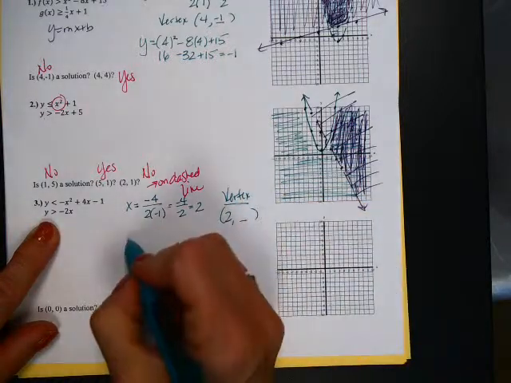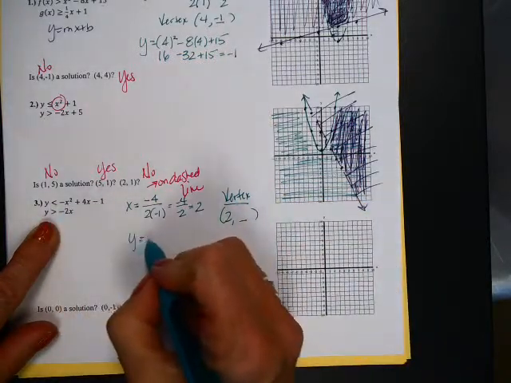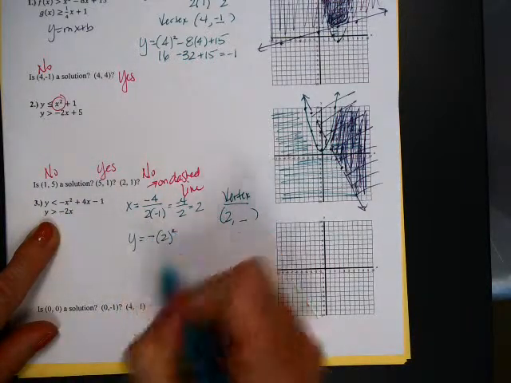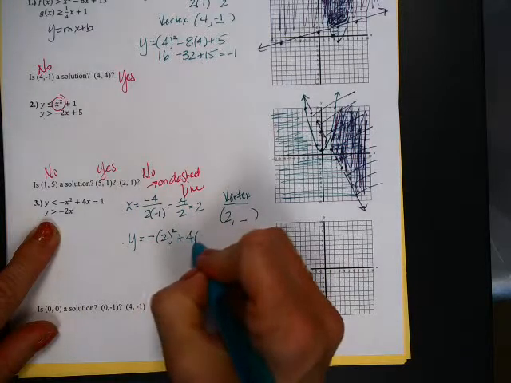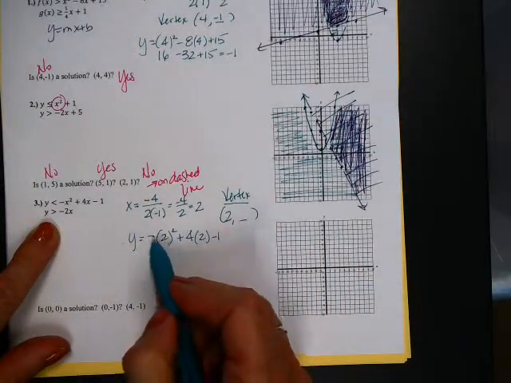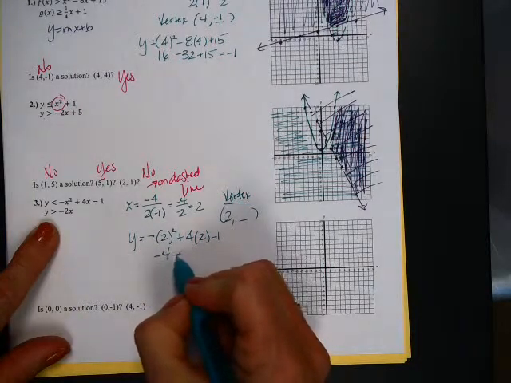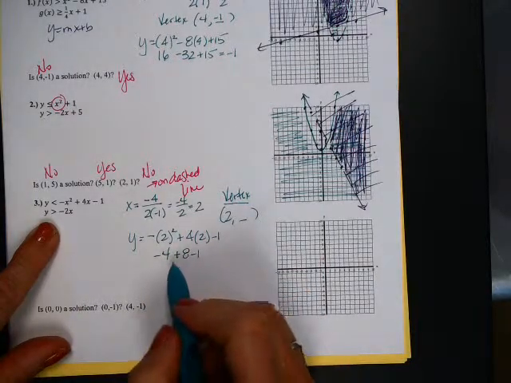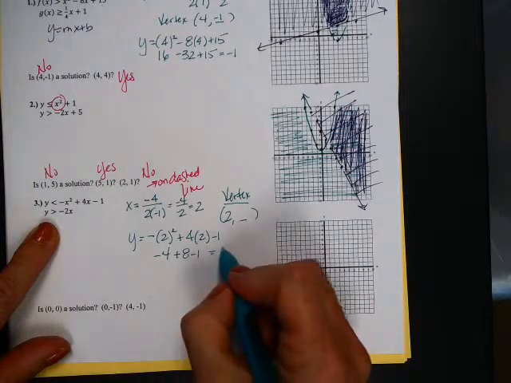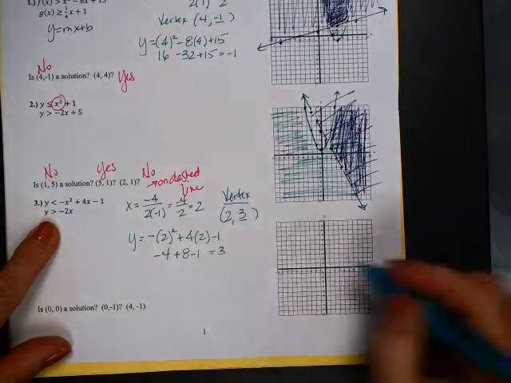I need to find the y, so plug it back into your equation. Now be careful. The negative is on the outside. The 2 is the only part being squared. So you square the 2 and you get a 4, and the negative stays in front. So -4 plus 8 is 4, minus 1 is 3. So my vertex is at 2, 3.